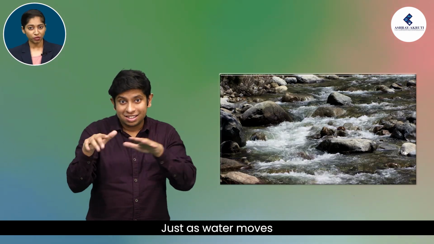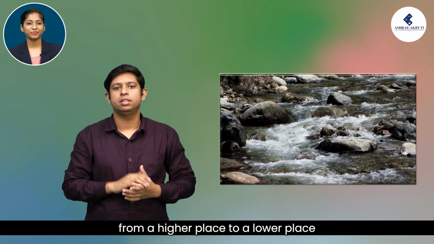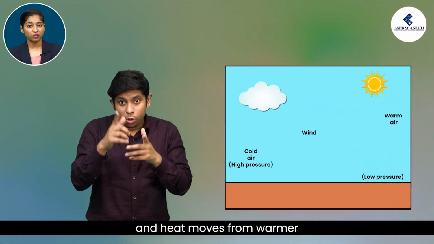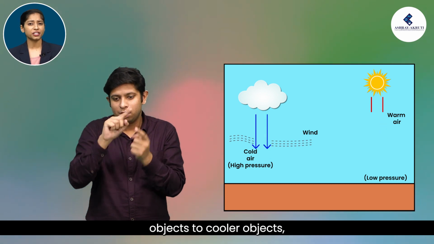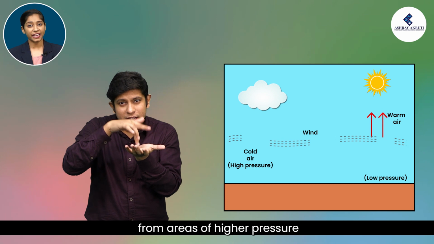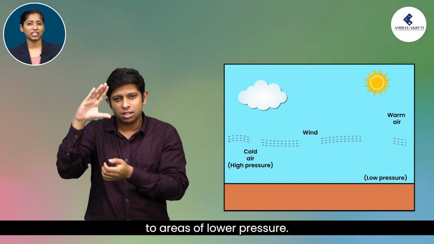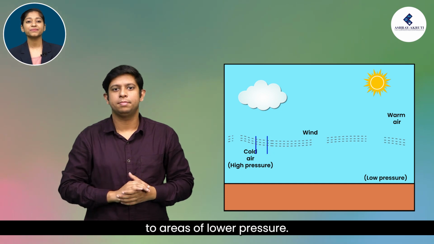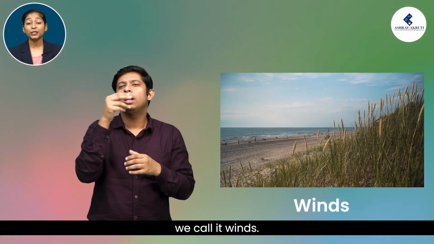Just as water moves from a higher place to a lower place, and heat moves from warmer objects to cooler objects, air moves from areas of higher pressure to areas of lower pressure. When air moves like that, we call it winds.